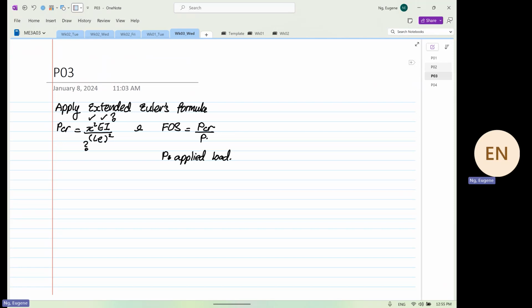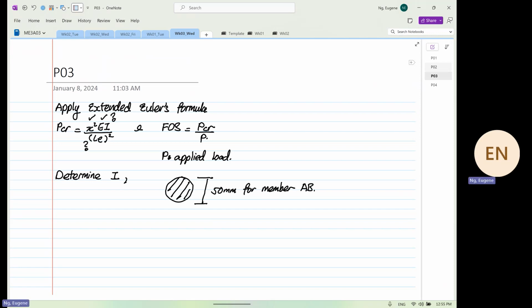So the next thing we're going to do is determine I, given that member AB of our structure has a diameter of 50 millimeters.